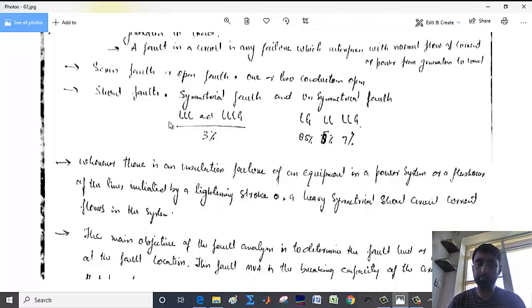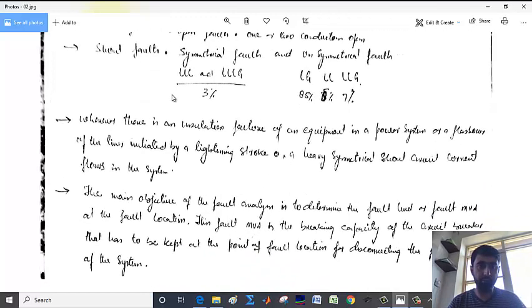Shunt fault may be like this. Since we have three phases A, B, and C, all the three phases may get connected to each other, short circuited to one another. We say that this type of fault is known as a triple line or LLL fault. Or all the three phases are connected to each other and also ground is involved; we say it is a triple line to ground fault, or LLLG fault.